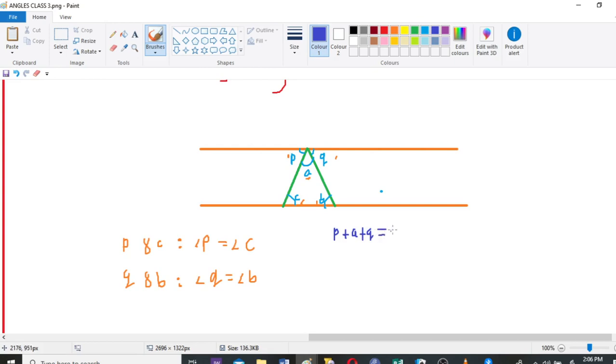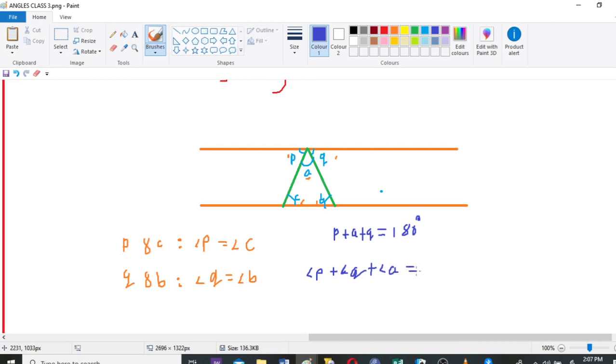We see that this should give us 180 degrees. Okay, now look at angle P plus angle Q plus angle A.